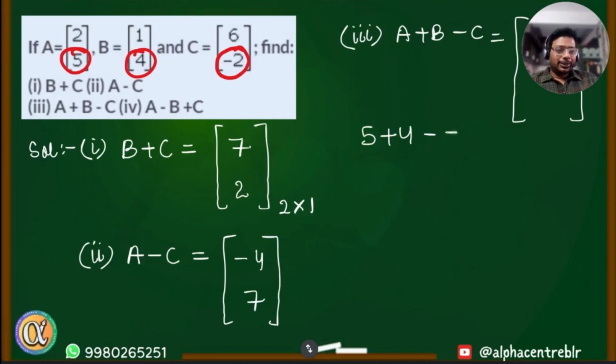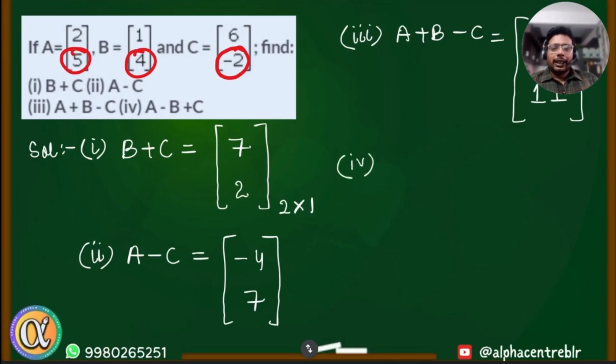Minus of -2 becomes plus, so it's 9 plus 2, which is equal to 11. That's it. Clear? Okay, how about this? A minus B plus C. In here we first subtract B from A, and to that result we add C.